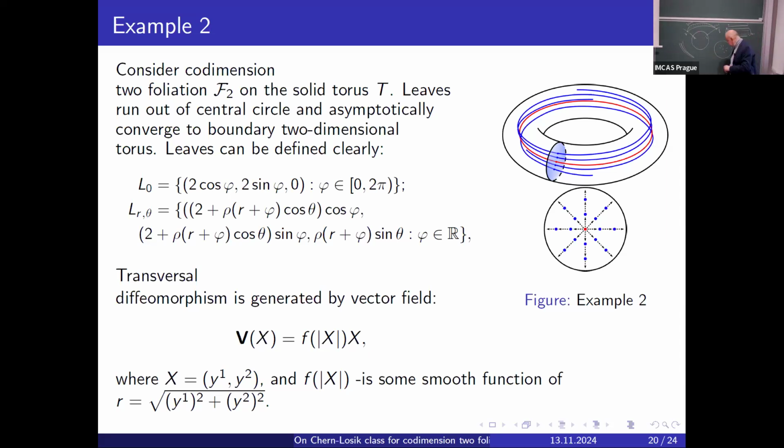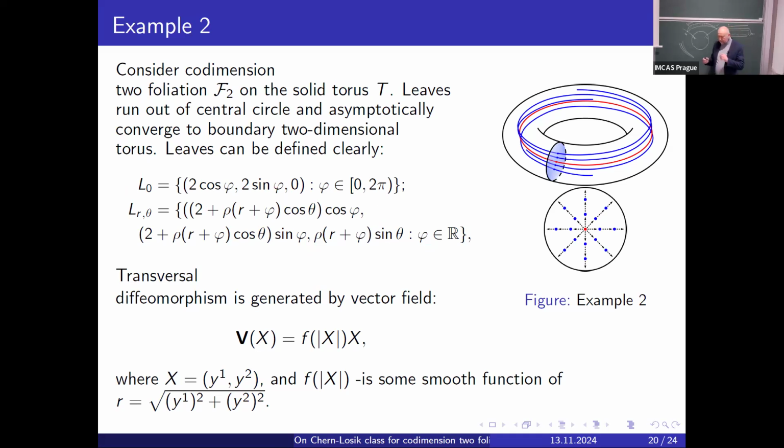The asymptotics is generated by this vector field. So we see that the vector field is proportional to x, and the modulus of this vector is defined by this function f. And also I have this picture that every vector is directed along the radial direction. So these are the leaves, explicitly described.